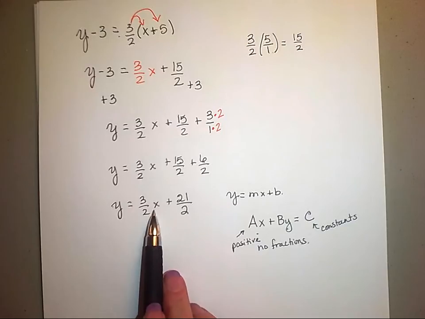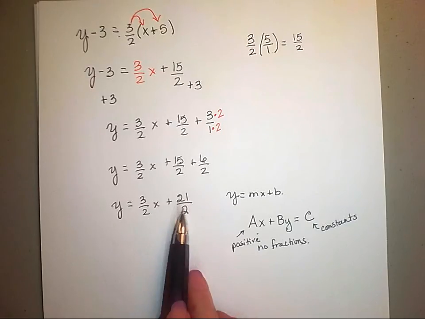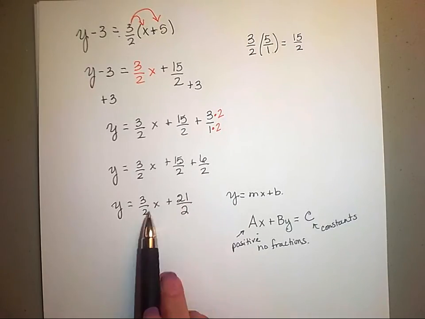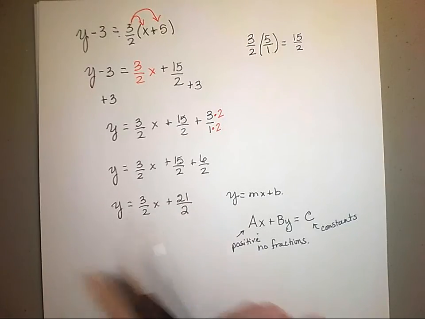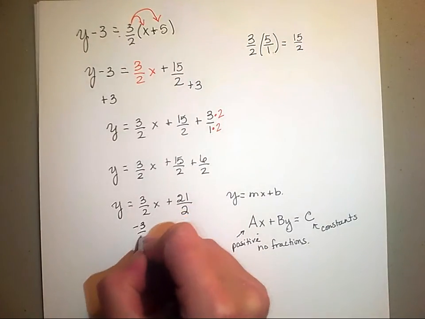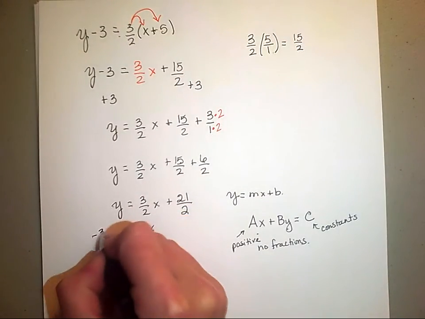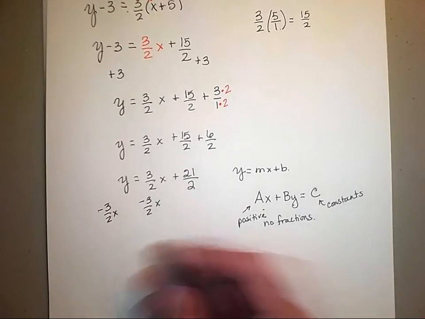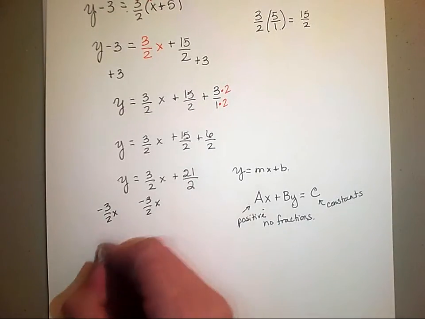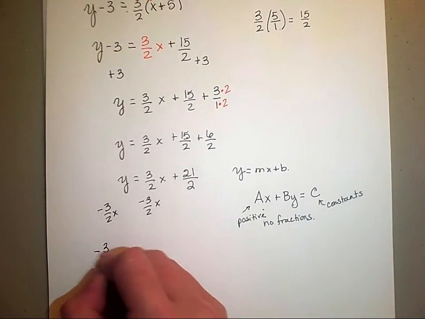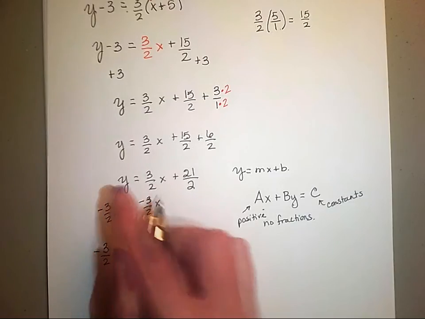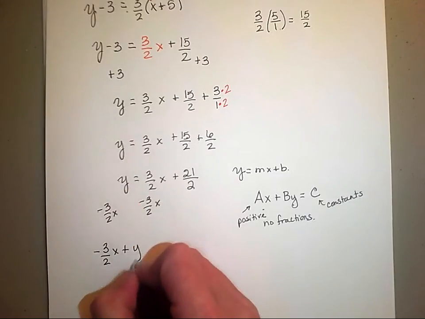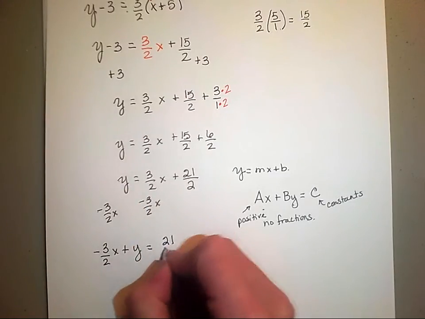Let's start by getting, now this is a constant, there's no variable. Okay. This is a term with a variable, so it needs to be on the other side, so let's subtract 3 halves x. So when we do that, and I'd like the x to be first, this rewrites as 3 halves x. Now the y is positive, so it's a plus y is equal to 21 over 2.